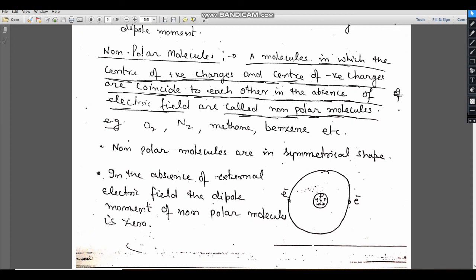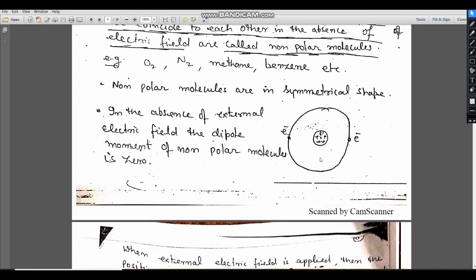Such molecules are known as non-polar molecules. Examples: oxygen, nitrogen, methane, benzene, etc. The centers are not separated by any distance, so there is no permanent dipole moment, and these non-polar molecules have a symmetrical shape.